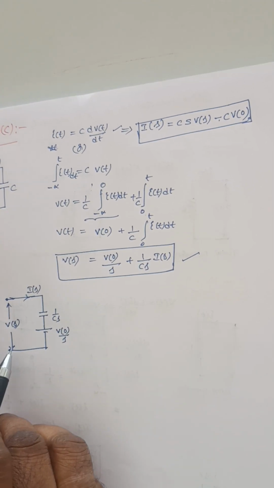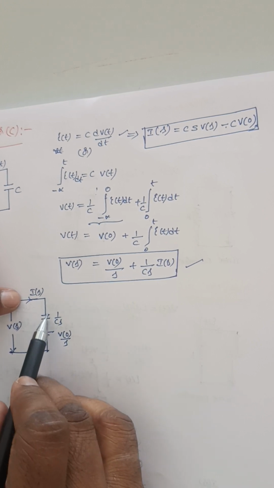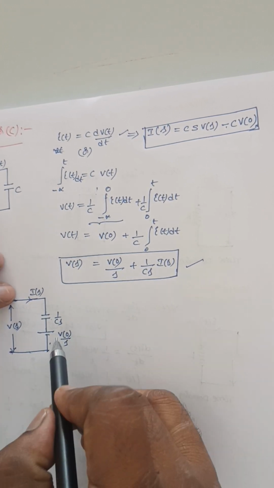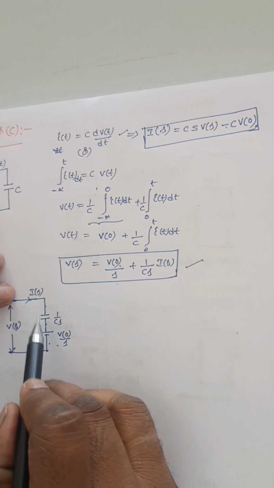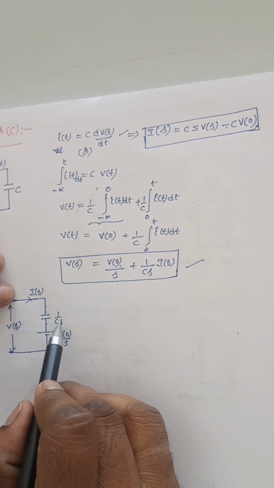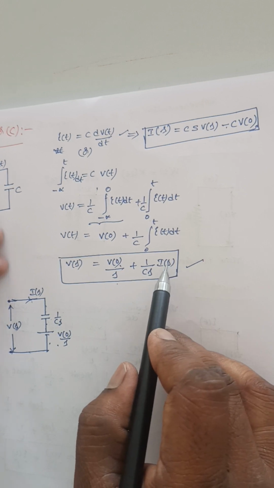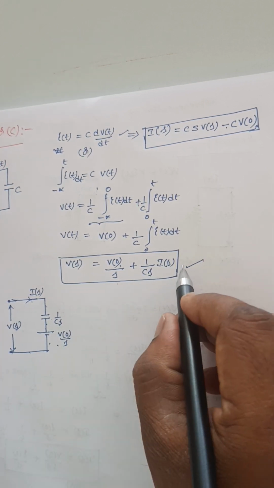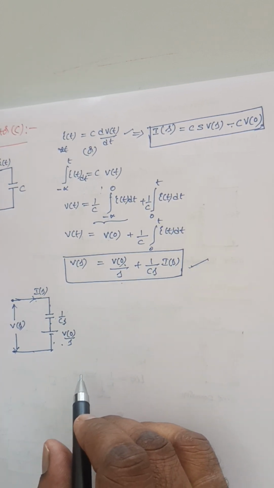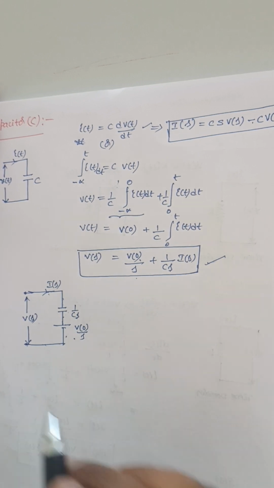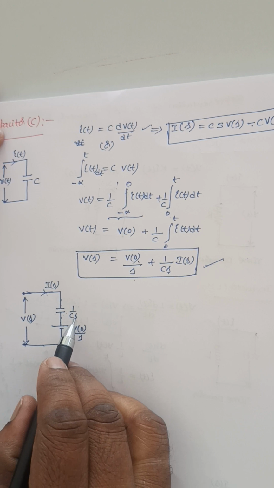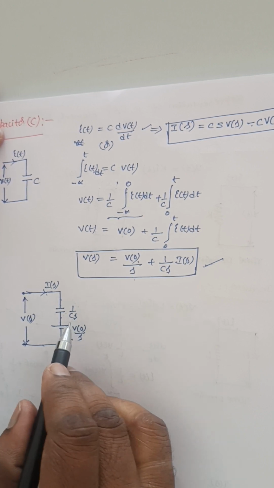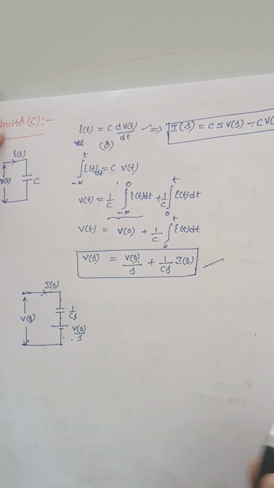So V of s is equal to this voltage plus this voltage. This voltage is V of 0 by s, and this voltage is current into impedance, where the impedance is 1 by Cs. So this equation can be represented in network form like this. That too is a frequency domain representation, because the variable s is present here.